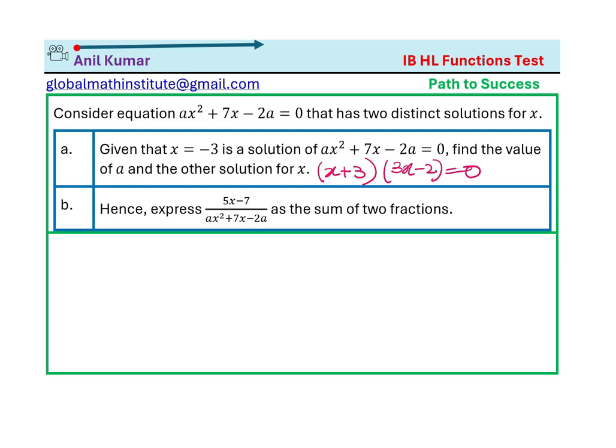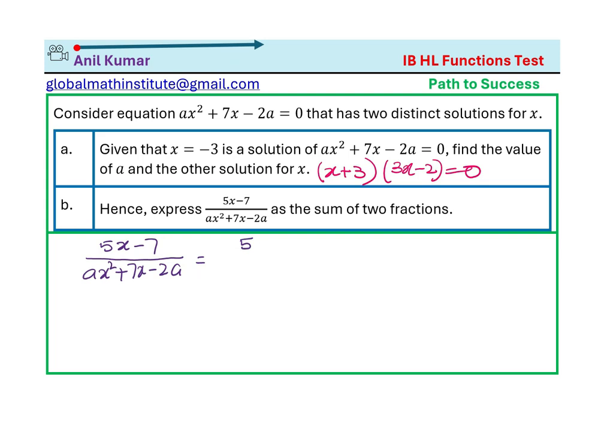Correct. Now let's look into the second part, which is we are given 5x minus 7 over ax squared plus 7x minus 2a. However, we found what the denominator is.